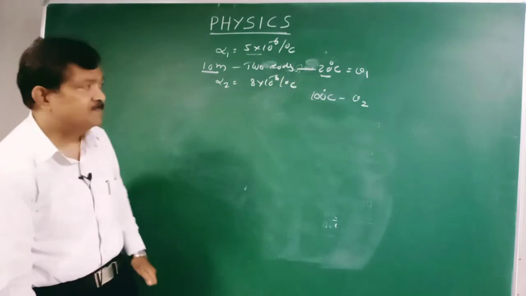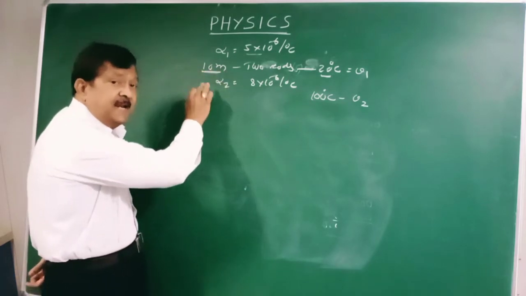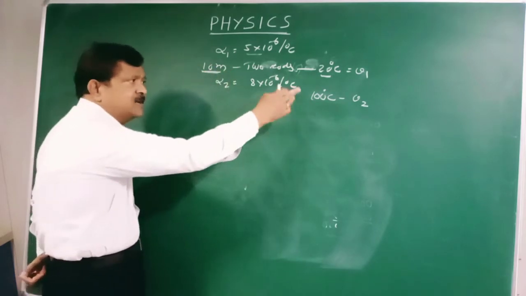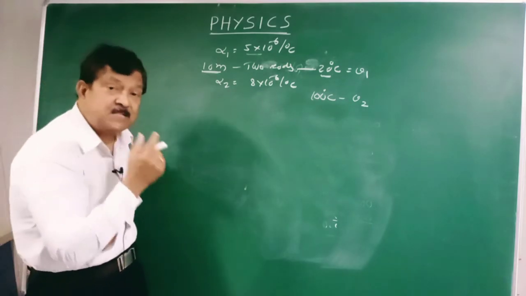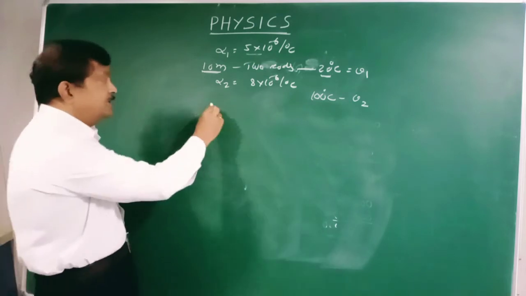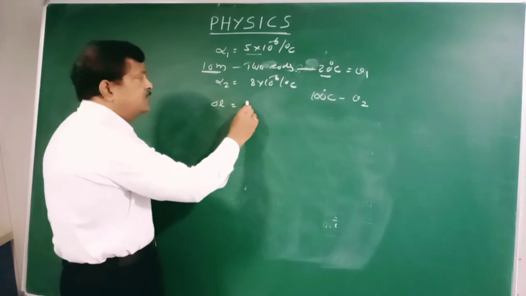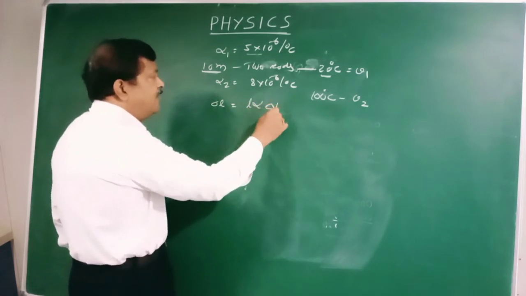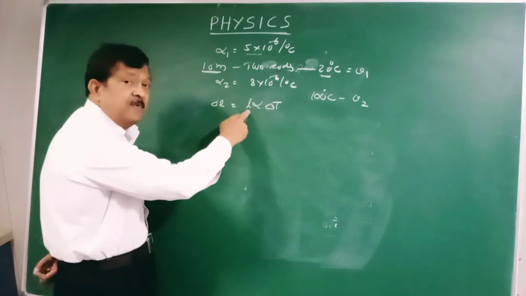Now what happens? Both the rods are having the same initial length of 10 meter. But because of this change in temperature, both of them will not expand equally. Why? The expansion of the length of the rod, delta L, is L alpha delta T. L is the same for both of them.